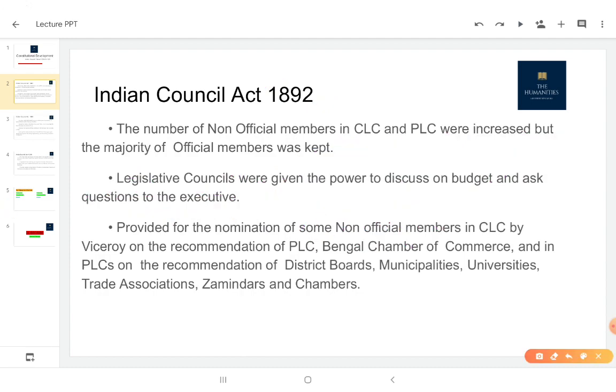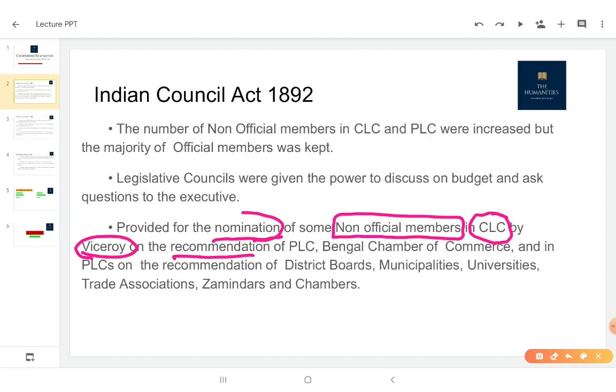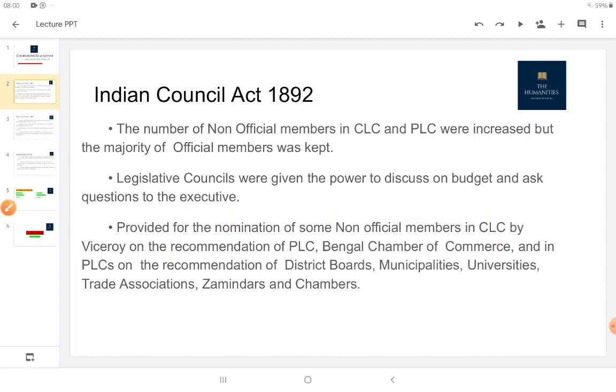Then what this act also did was provide for the nomination of some non-official members in the Central Legislative Council. This nomination was by the Viceroy in the CLC, on the recommendations of different local bodies. And who were these local bodies?